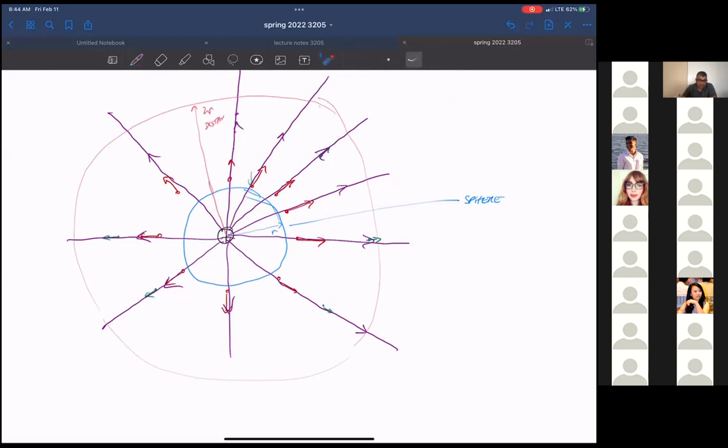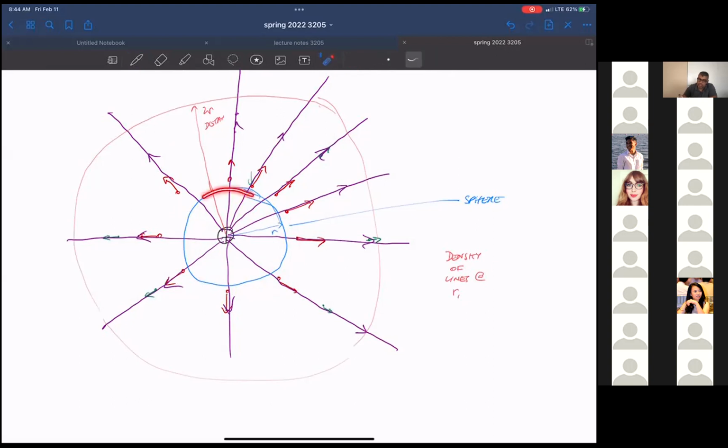Okay, if I think of the density of the lines here that are crossing the sphere, what's the density of the lines? I'm going to say the density of lines at R1, so this first sphere here.